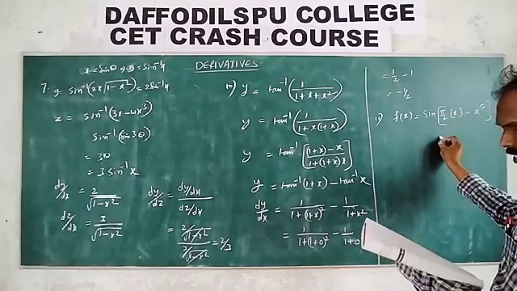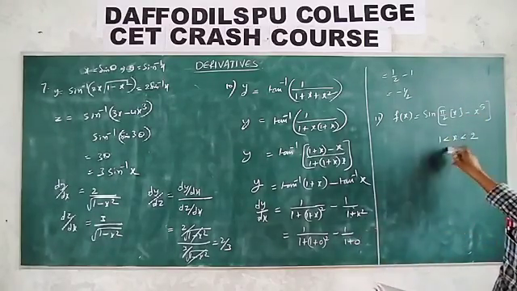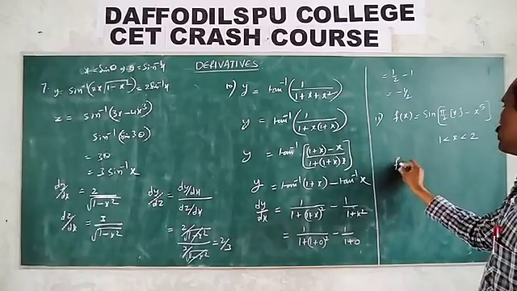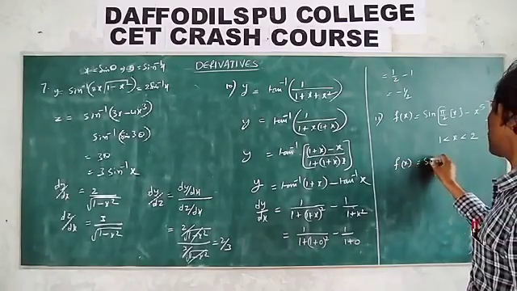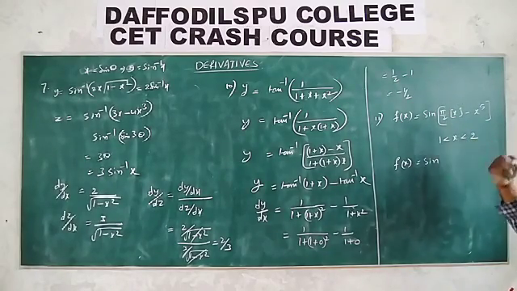And one condition is given. What is the condition? 1 less than x less than 2. F of x is equal to sine of [x], with x between 1 and 2.